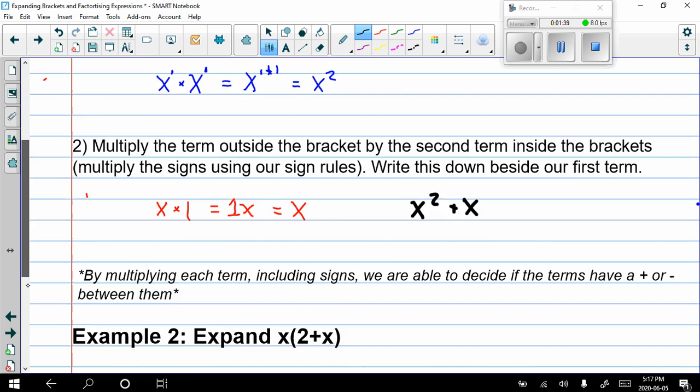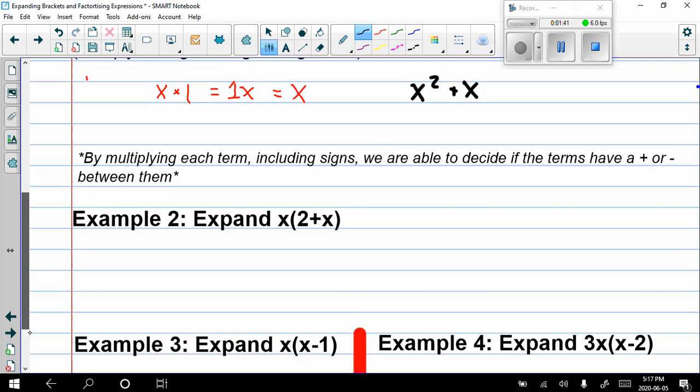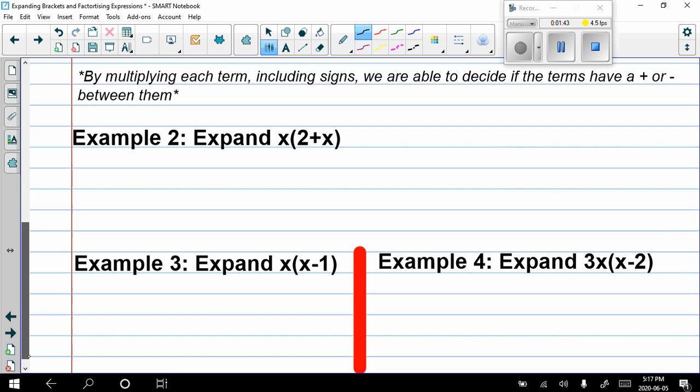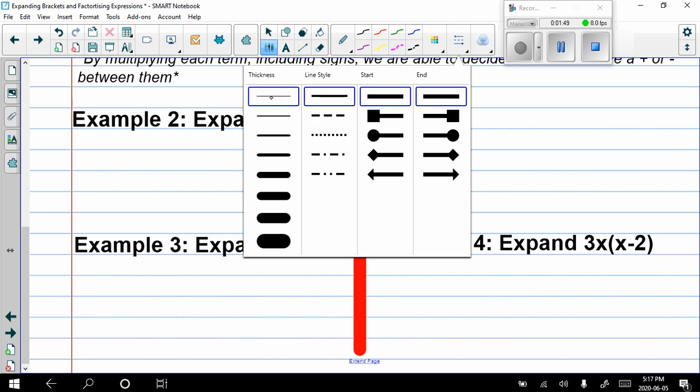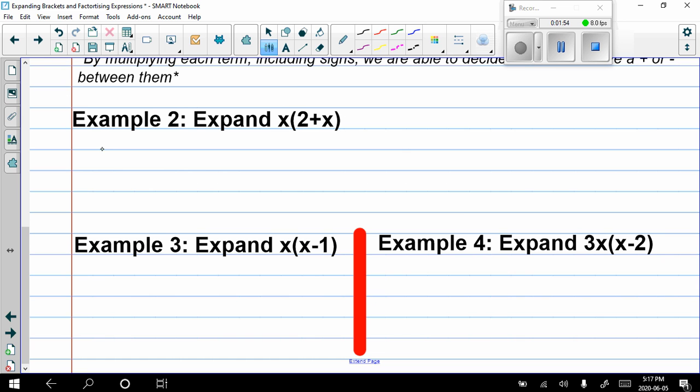So next example, example 2. We want to expand x bracket 2 plus x. Same thing again. We've just switched around the order again, just to try and show you every kind of circumstance we can. So we have x times 2, with the plus sign.